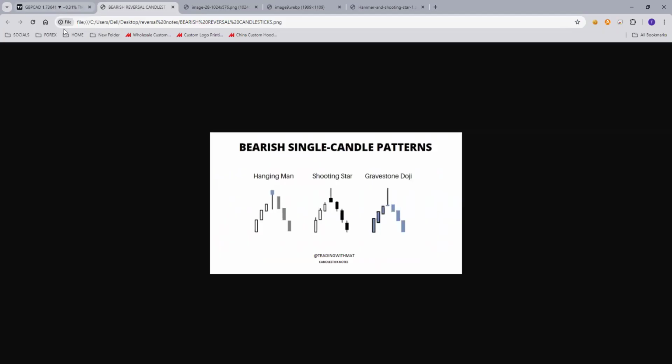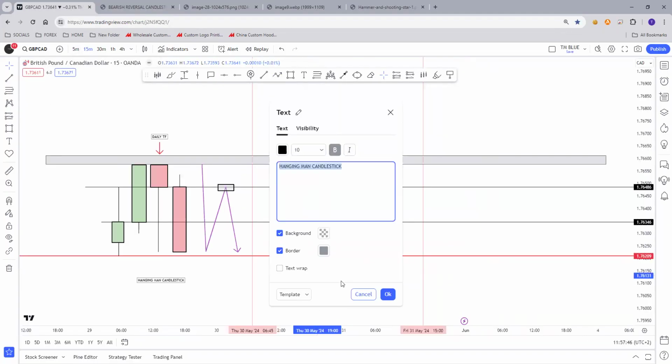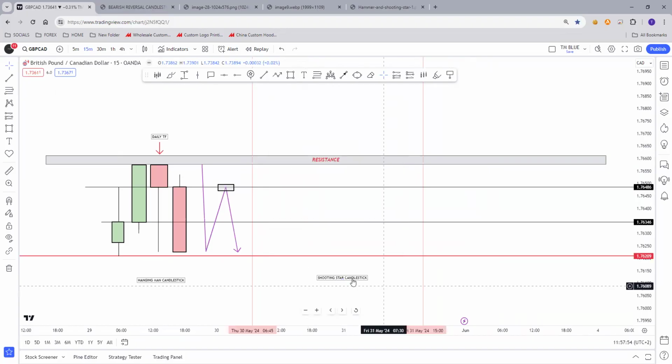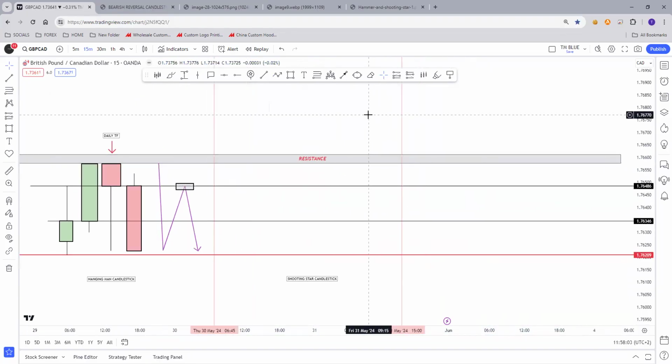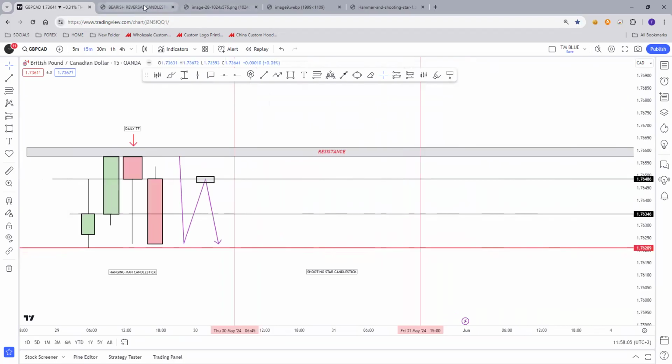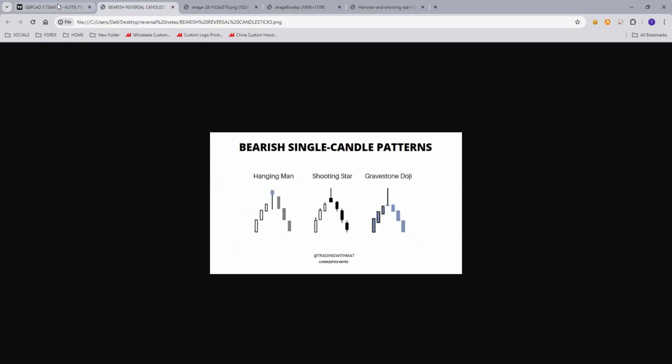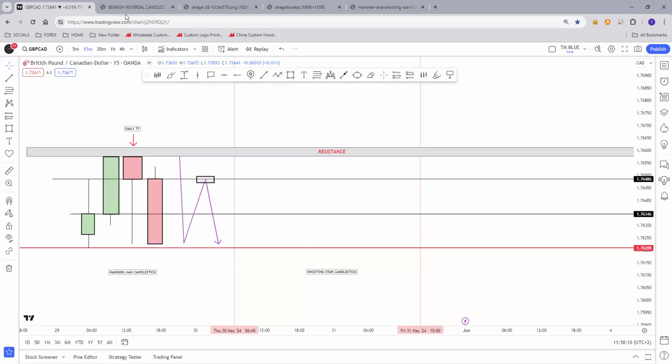Next candlestick that we're going to is a shooting star, another favorite candlestick. Shooting star candlestick. Again, we will take the same example as if we're looking at it from the daily time frame. Okay, and then after that, we're going to look at the last candlestick, which is a gravestone doji. Not really important, but it's quite important.